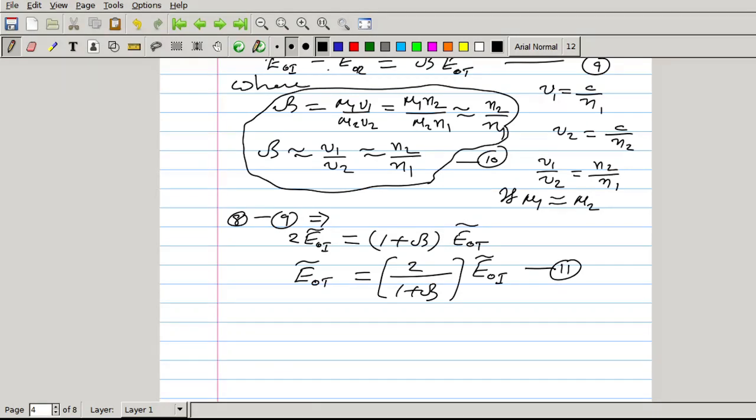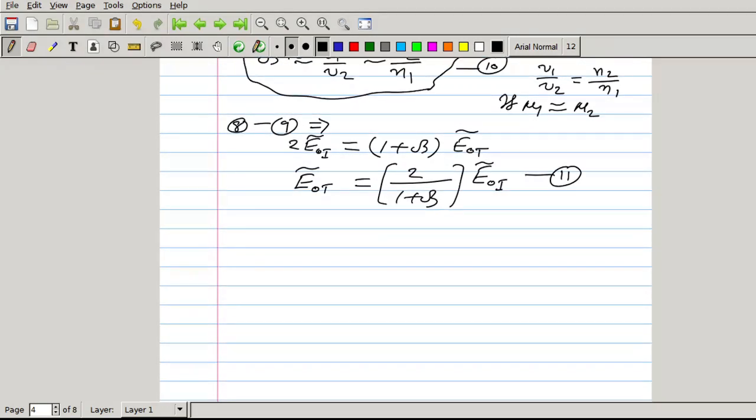Now we will calculate the amplitude of reflected wave in terms of amplitude of incident wave. For that I take equation 8 minus equation 9.